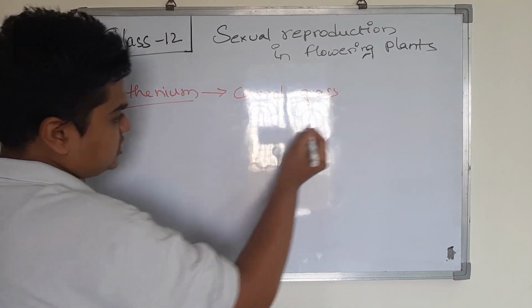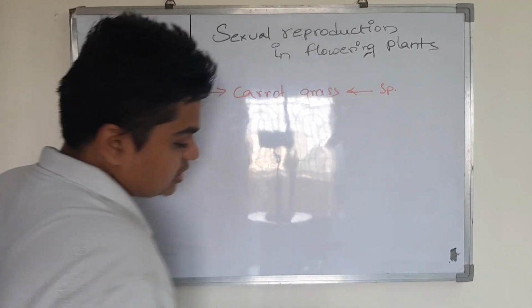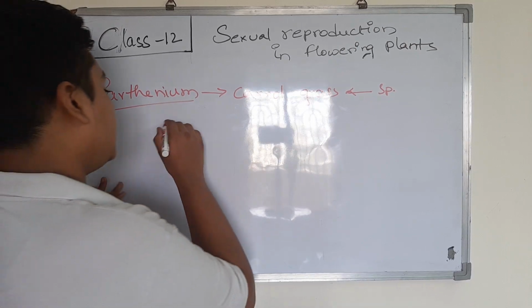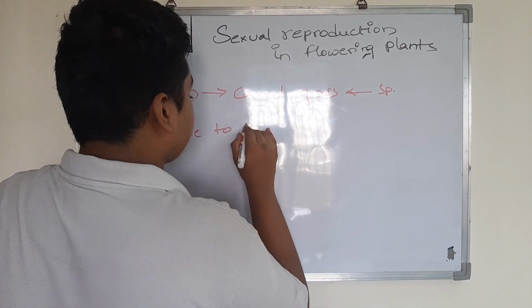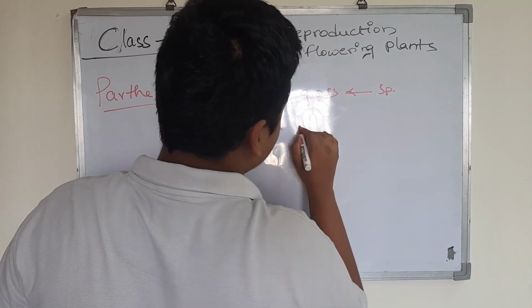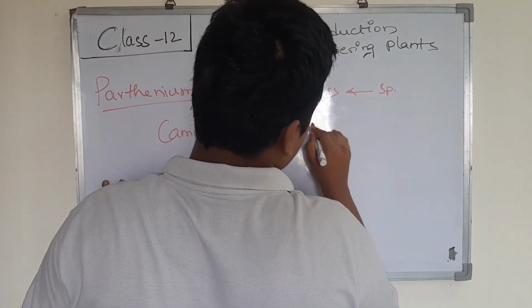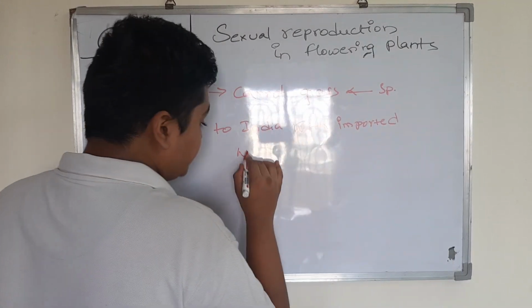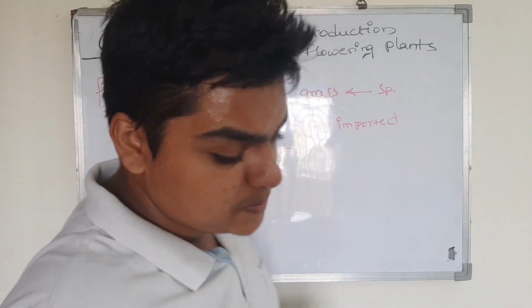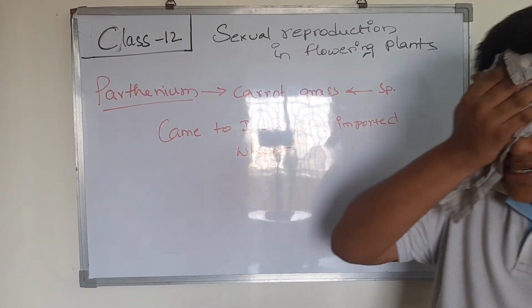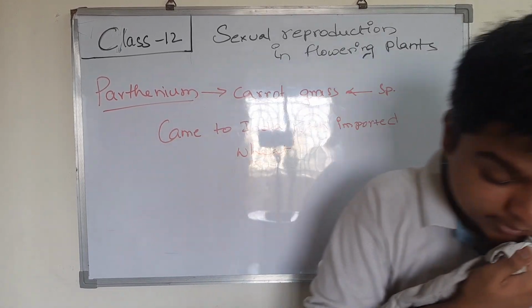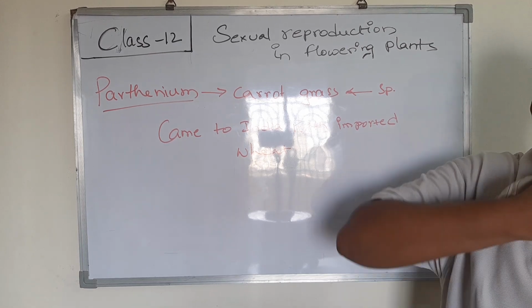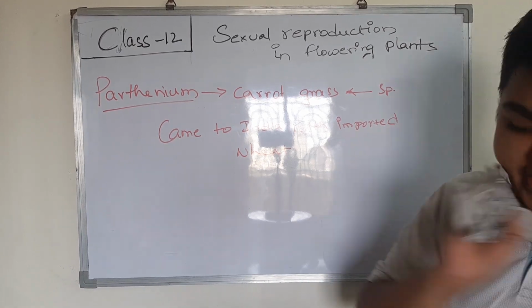The pollen grains of this species came to India with imported wheat and became a ubiquitous cause of pollen allergies.